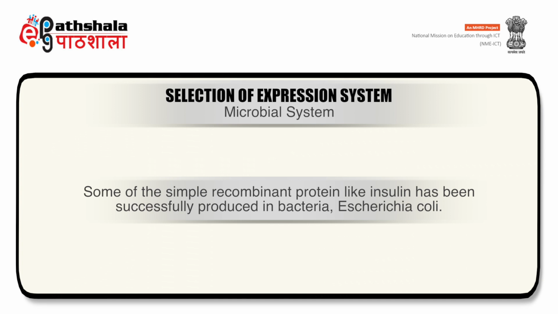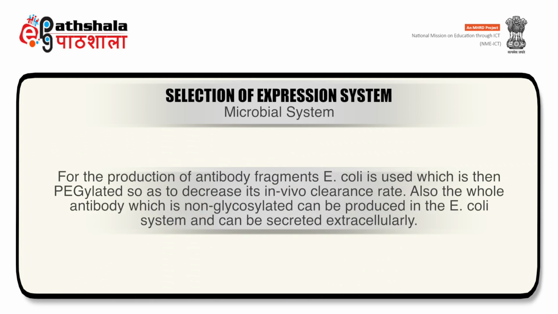Some of the simple recombinant proteins like insulin has been successfully produced in bacteria E. coli. For the production of antibody fragments, E. coli was used, which is then pegylated so as to decrease its in vivo clearance rate. Also, the whole antibody, which is non-glycosylated, can be produced in the E. coli system and can be secreted extracellularly.